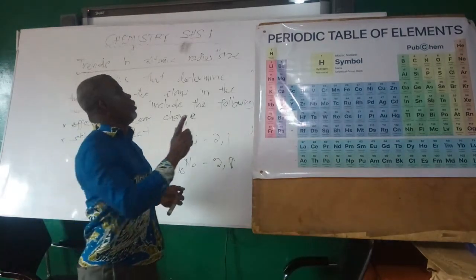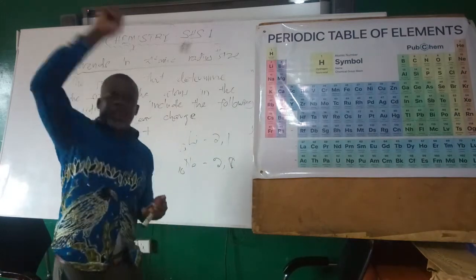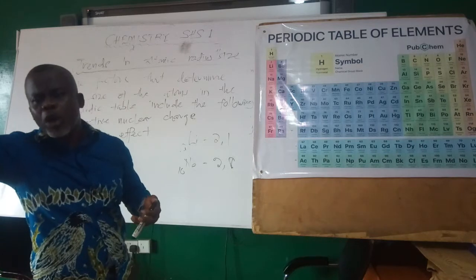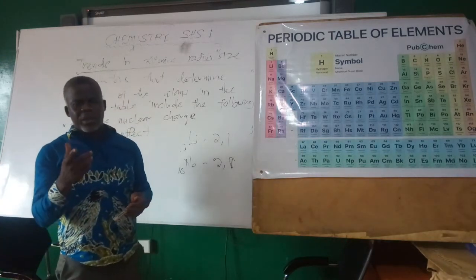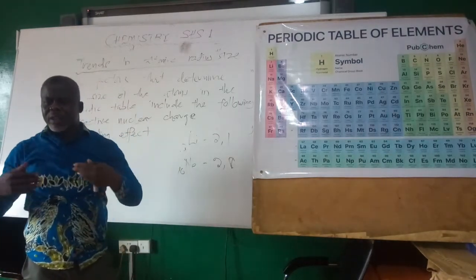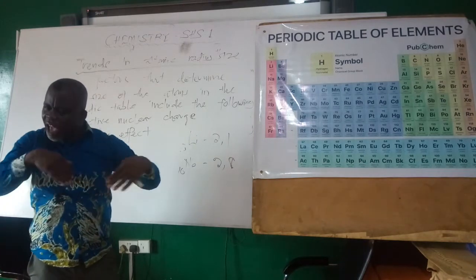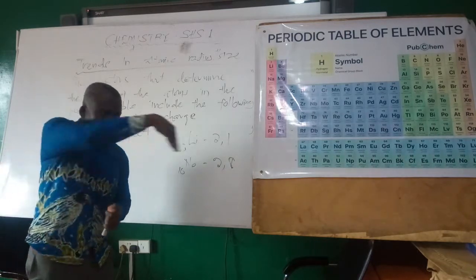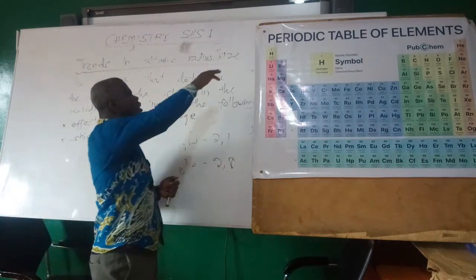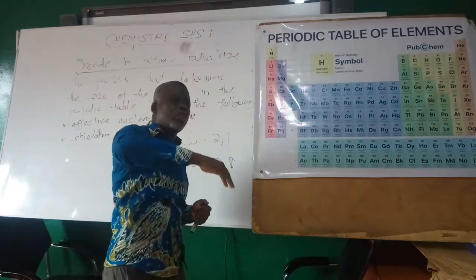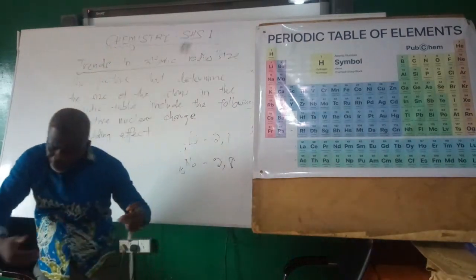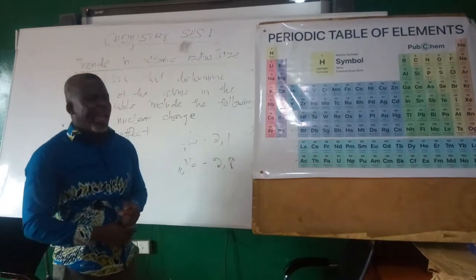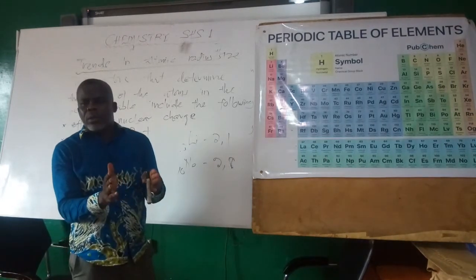But the problem is, as electrons enter into new shells, they go into new principal quantum shells. And if you remember, I told you that the principal quantum number on the average gives the relative distance of the electron from the nucleus. So as electrons are entering into new shells, they are moving far away from the nucleus, and more electrons come into the shell.